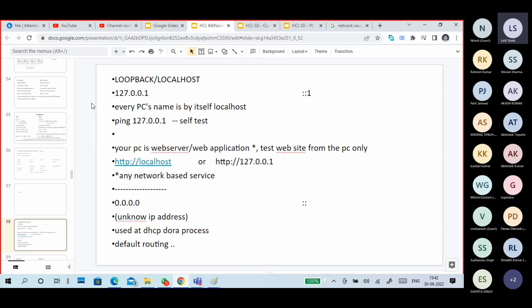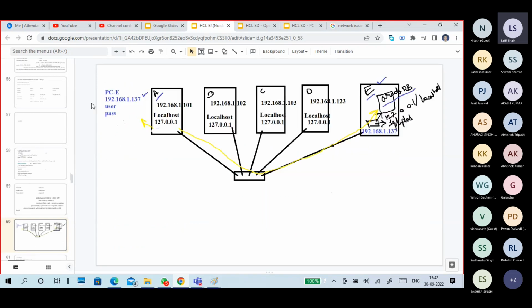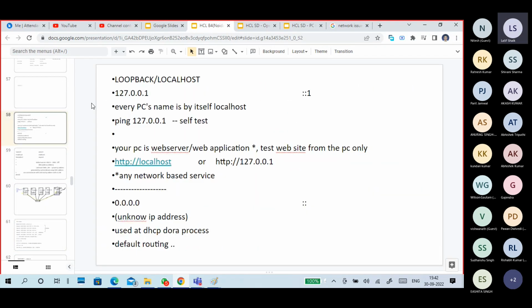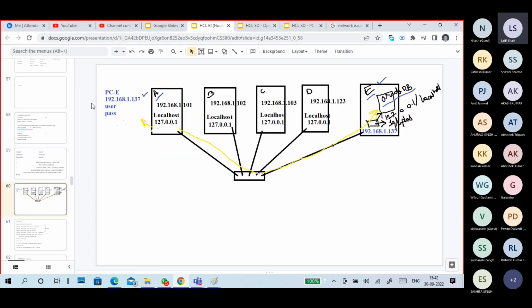Of course, there is a slightly complex topic coming now. I'm continuously telling about IPv4, then I will tell about IPv6. Okay, guys, each and every PC in the network has an IP address, right? For example, you have taken PCs A, B, C, D, E. Five PCs are there.